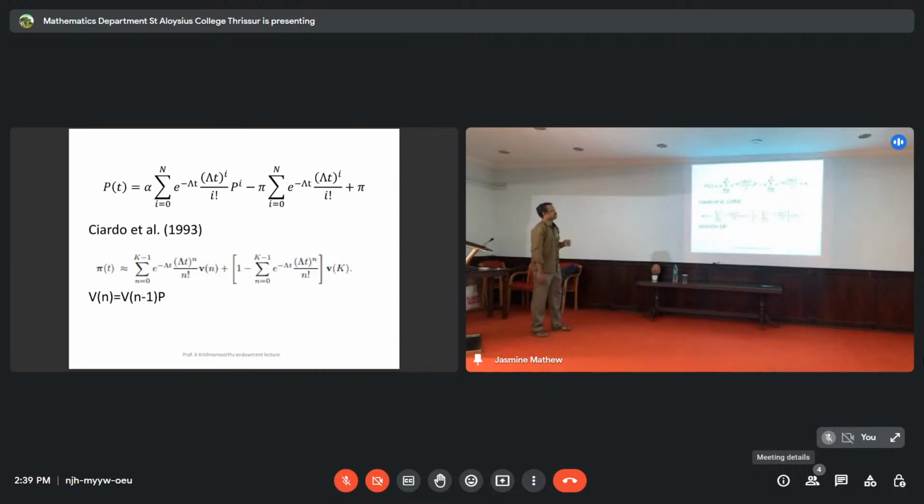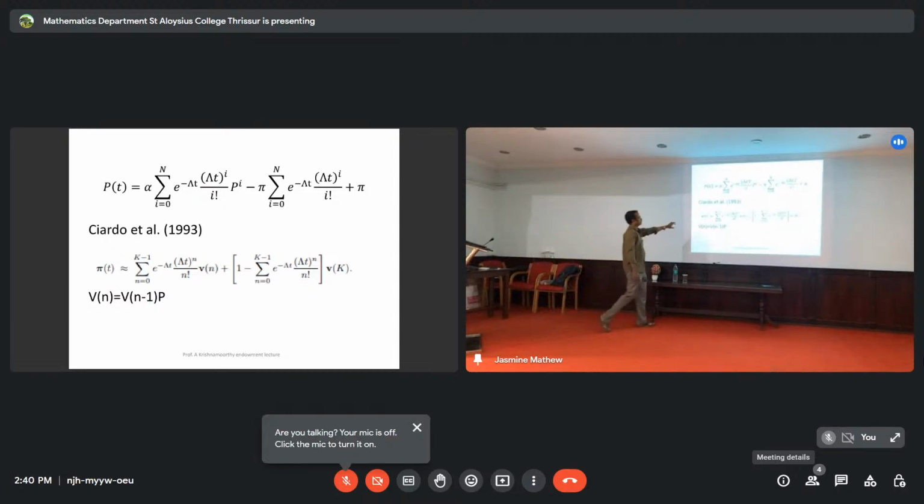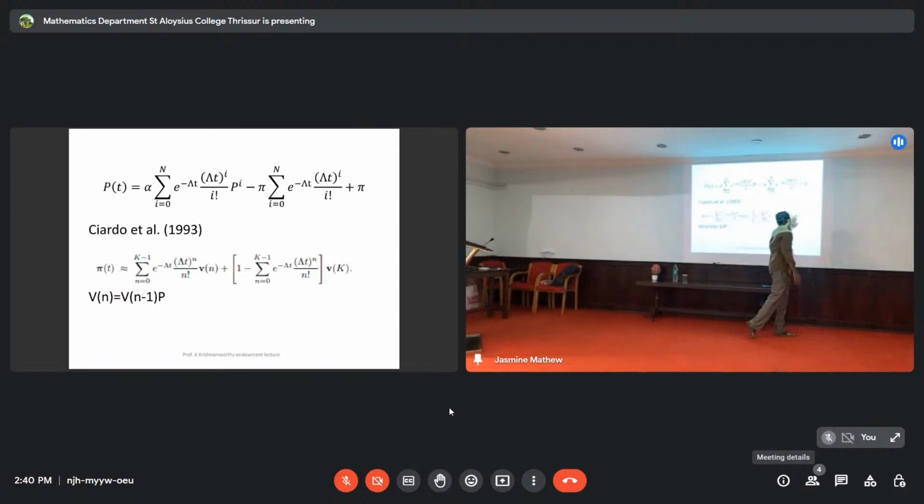Now, do we have something similar to this in the literature? Here is one reference by Dey in 1993. Their formula is this thing here. Something similar to this, but instead of pi, they have taken the vector V_k, which is obtained from the iteration. So as k tends to infinity, V_k becomes the steady state probability pi.